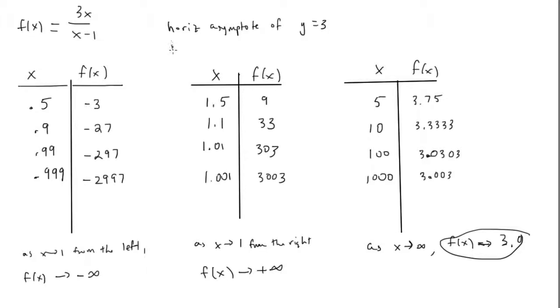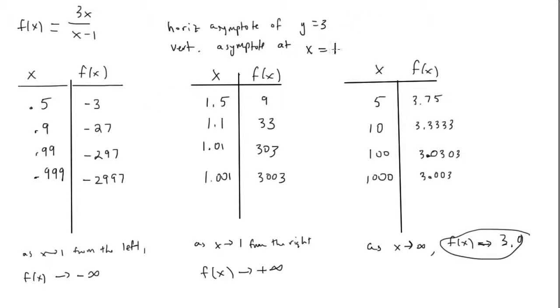And then we should also suspect that we have a vertical asymptote of x equals, well, what's the x coordinate where some stuff is going on? We said it looked like x equals 1 was where the issue was going to be.